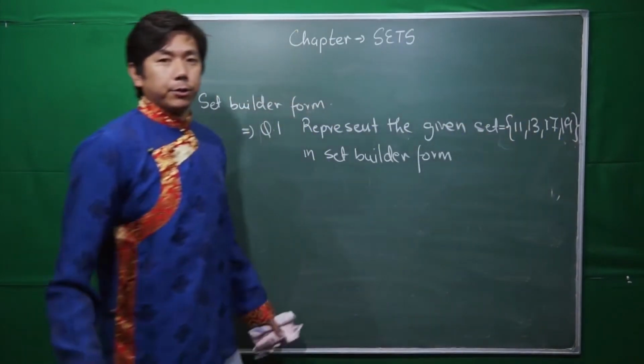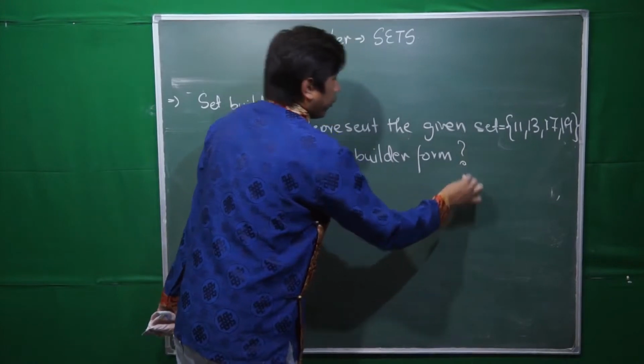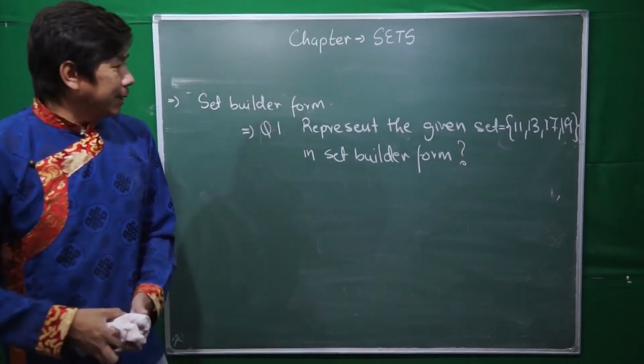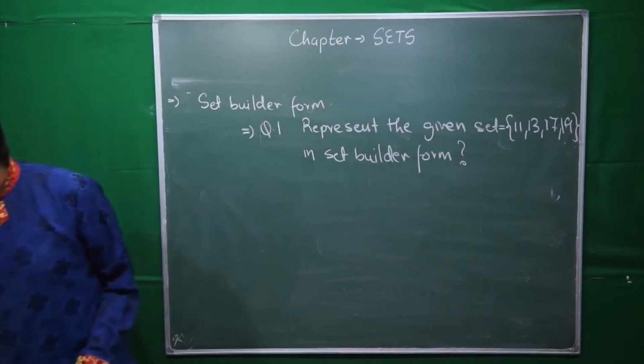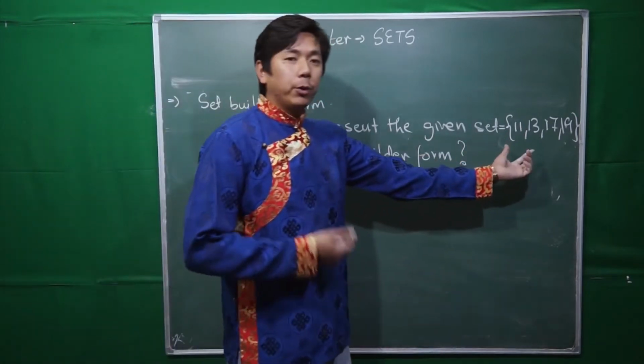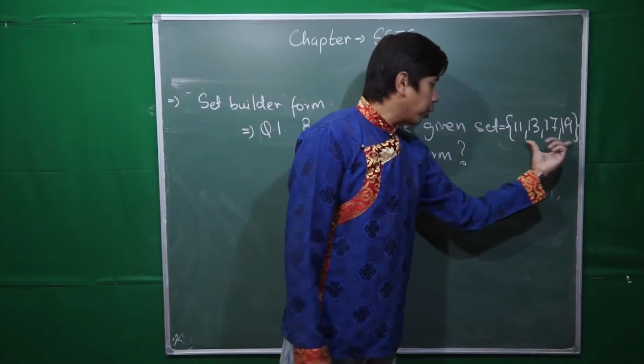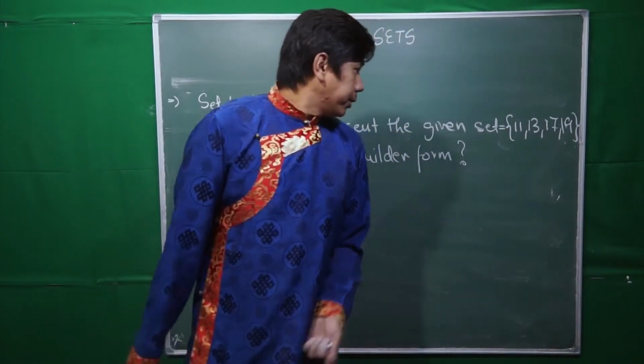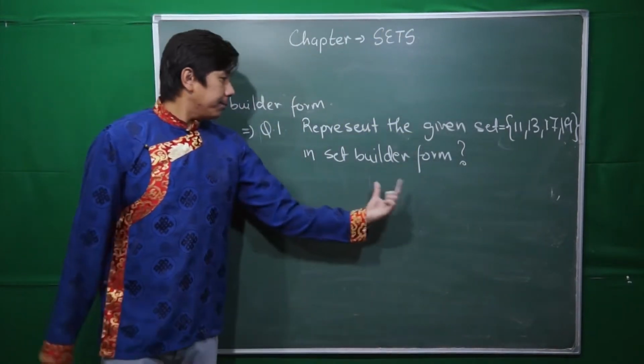And that is the question. Now we have a set over here that has elements 11, 13, 17, and 19 in the form we know as roster form. So this form has to be converted into set builder form.